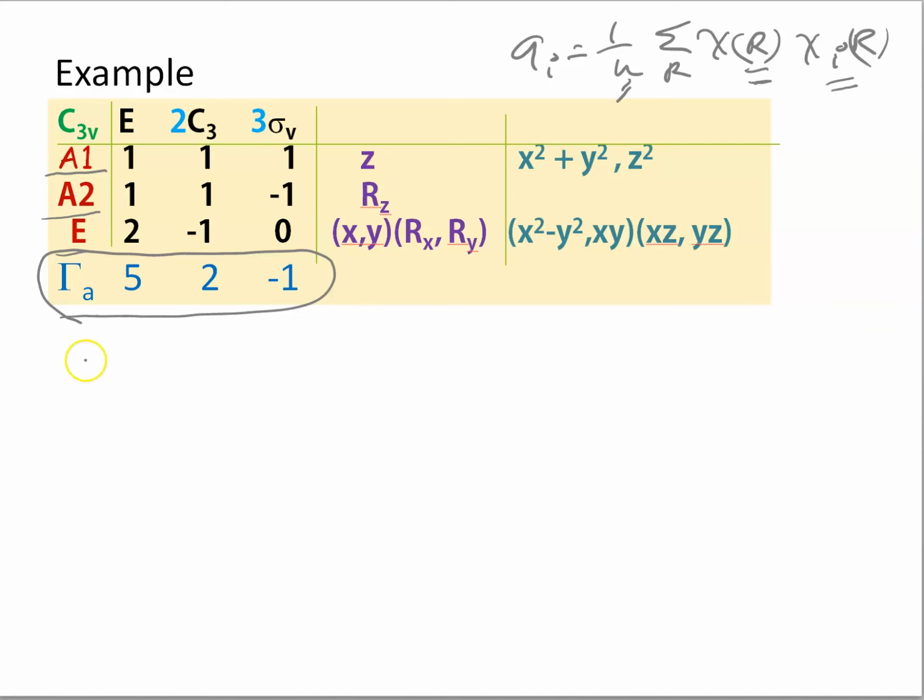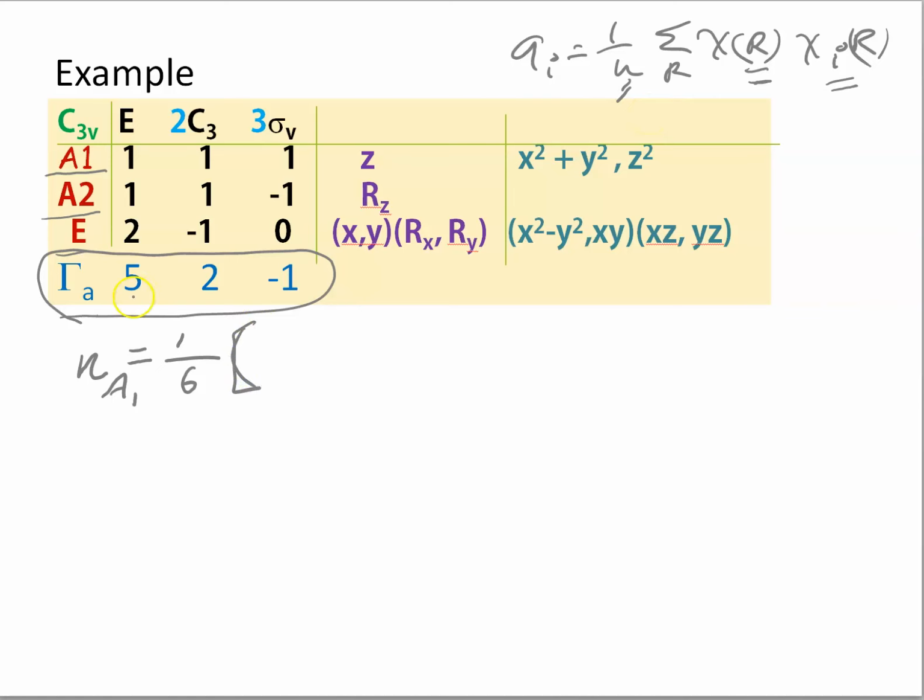First, we are going to determine the number of times the A1 irreducible representation is present in gamma A, the given reducible representation. For the C3v point group, h, the order of the group, is 6, into sigma, the sum over all the operations.